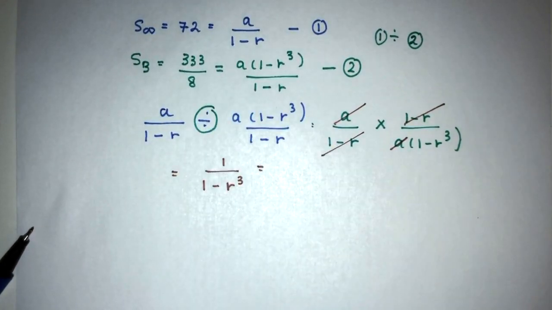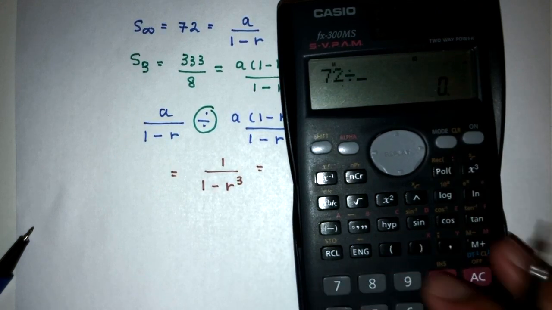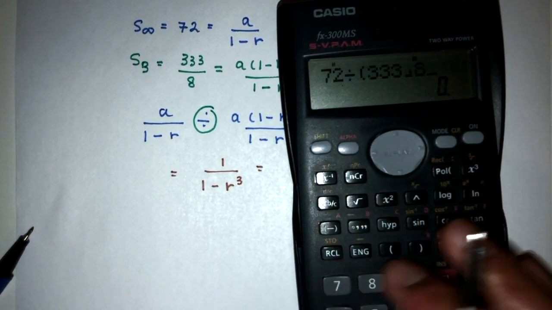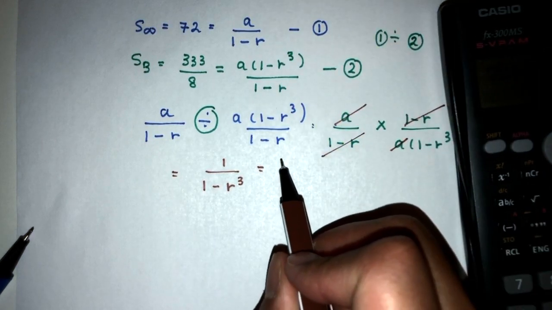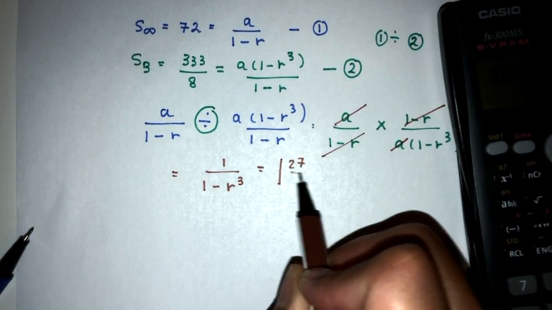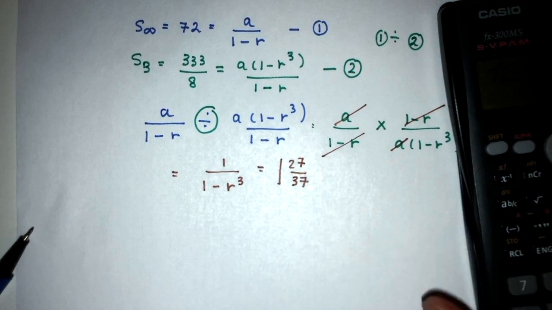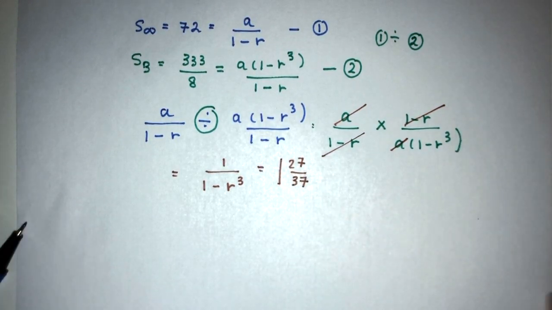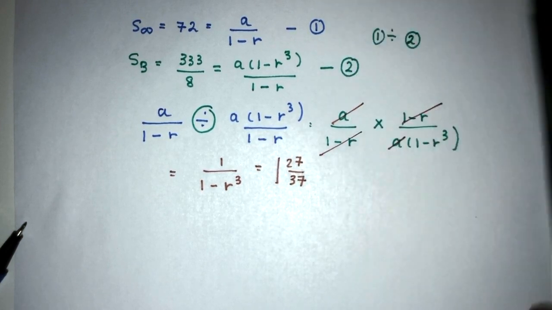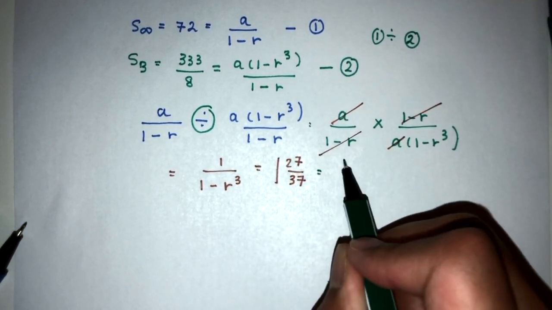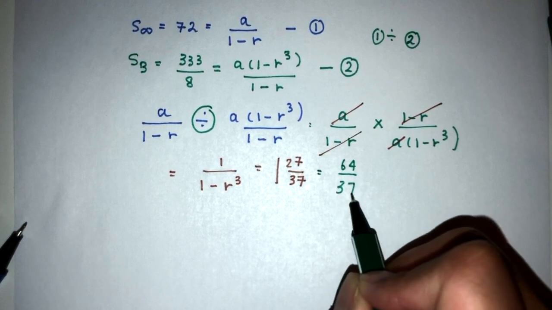And for this side, let's see, what do we get. So 1 is 72 divided by 3 over 8. You'll have this value, which is 1 over 37 over 64. So let's see, what is that. So 1 times 37 plus 27. So I'm just expanding this one. This is the same as 64 over 37.